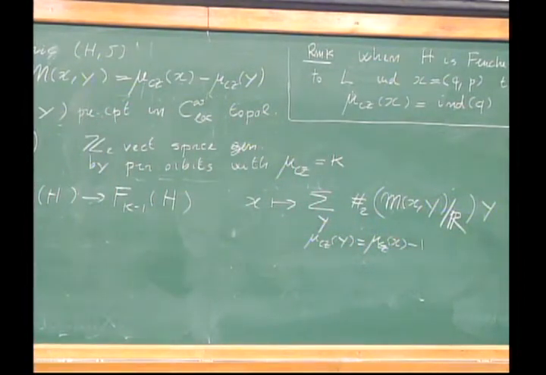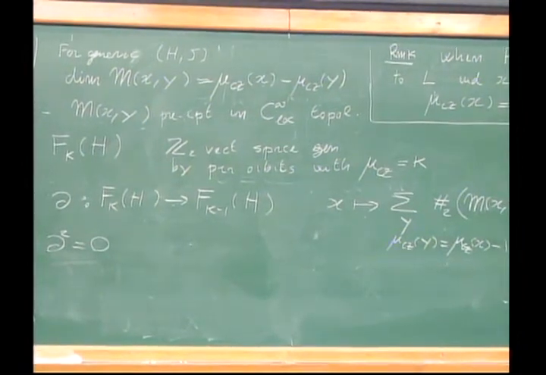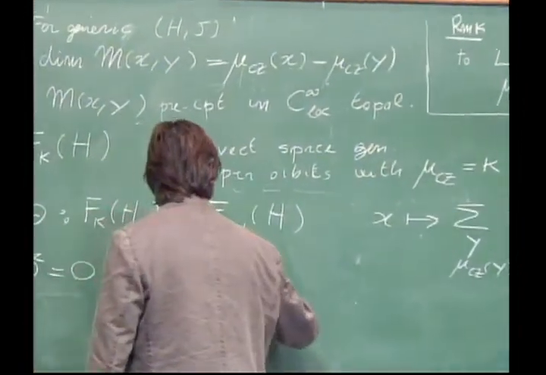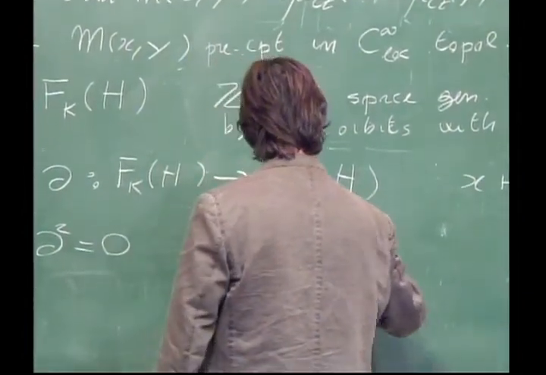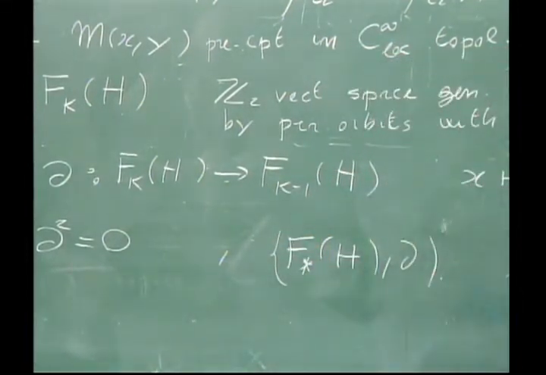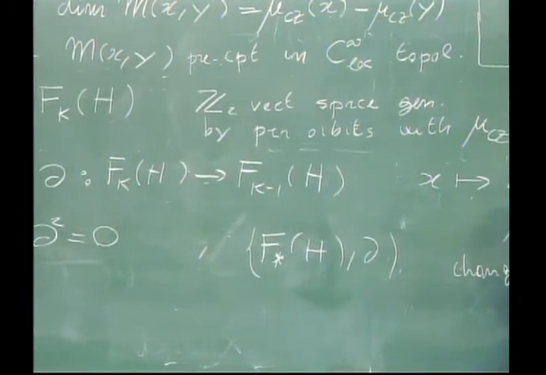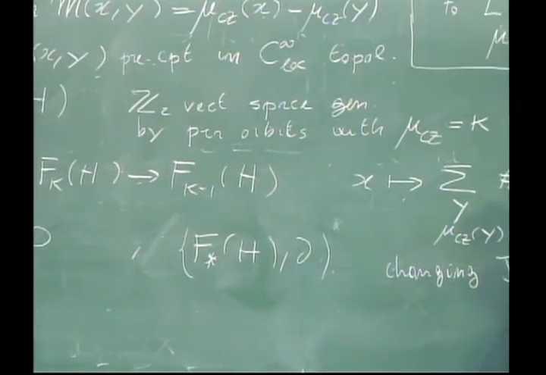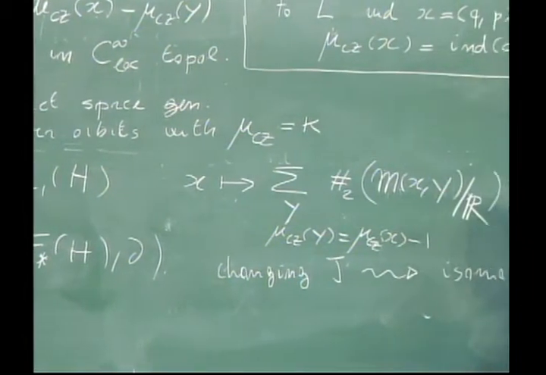Okay, and the non-trivial things are that this is a boundary operator, so its square is 0, and that, to be precise, if you change the almost complex structure J, you get isomorphic chain complexes.